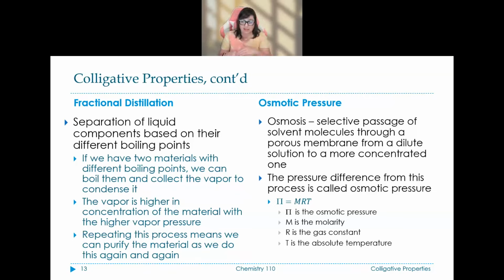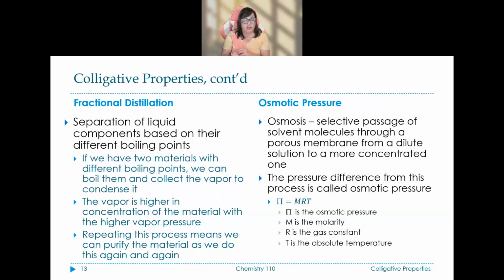The gas that I collect is going to be almost entirely the material with the lower boiling point. Over time, we can keep doing this to get a higher purity of that material. The vapor is higher in concentration with the material that has the higher vapor pressure, and we can repeat that process many times to increase the purity.